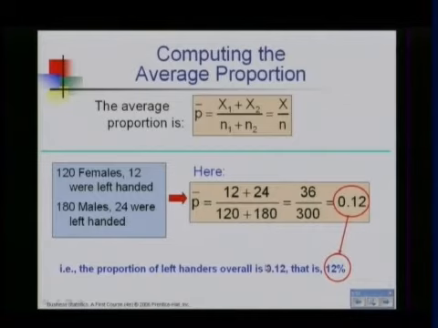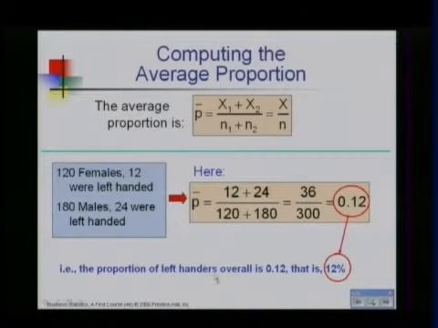That is the average proportion of both males and females that are left-handed. That figure in this case would be 12 plus 24 divided by 120 plus 180, which gives me 36 over 300, or 0.12. That is 12% of all of the sample was left-handed.